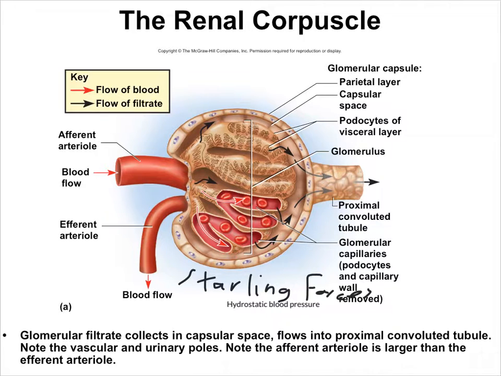It's the actual force of the fluid in blood on the walls of the capillary. Because our afferent arteriole is larger and our efferent arteriole is typically smaller, you have a very high blood pressure inside of the glomerulus, and that will tend to drive fluid out. That fluid we're going to call filtrate. So hydrostatic blood pressure is going to drive fluid out.